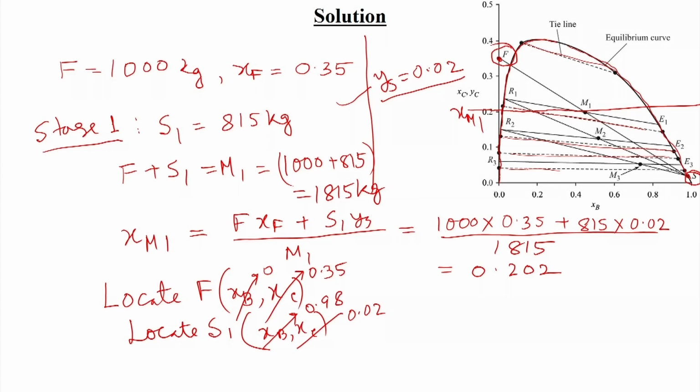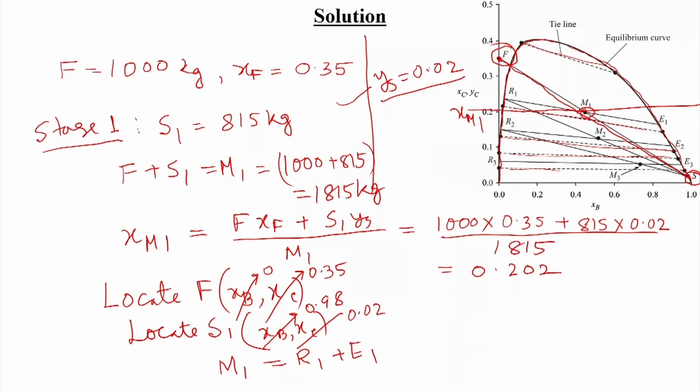Okay. Now, we need to join this F and S1. And we have this M1 also. Now, this M1, or mixture 1, will be separated into two different parts, R1 and U1. So, we can say M1 will be converting into R1 plus U1.